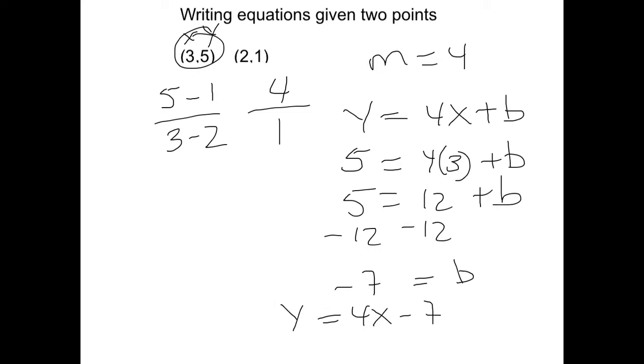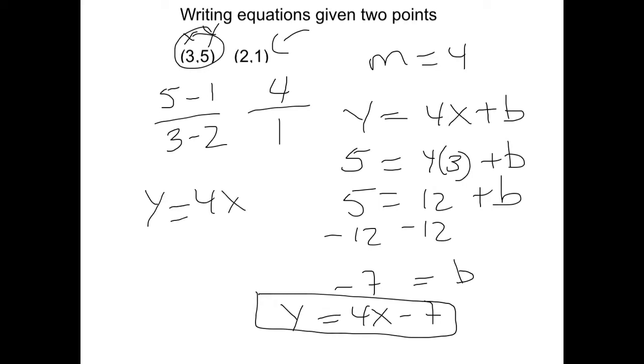I can check that because I know that in order for this equation to actually be the true equation, both points are on that line. I can substitute my second point, which is 2, 1, into the equation. So if my equation is y equals 4x minus 7, and that's truly the correct equation, 2, 1 should in fact be a solution to that equation.